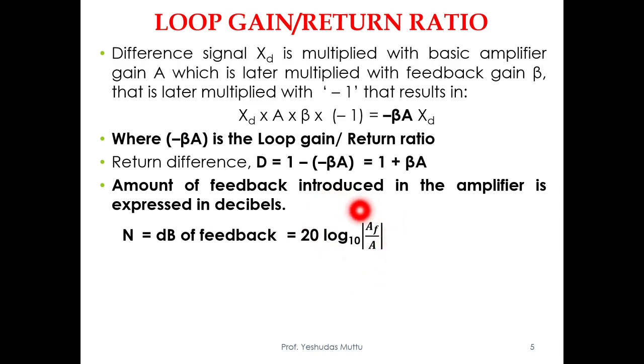So you can see over here, it is AF upon A. AF represents gain with feedback, A represents gain without feedback. Gain with feedback is also known as closed loop gain. Gain without feedback is also known as open loop gain. So please don't get confused when these terms are used. To represent it in dB, that is decibels, we have to take 20 log of this particular ratio.